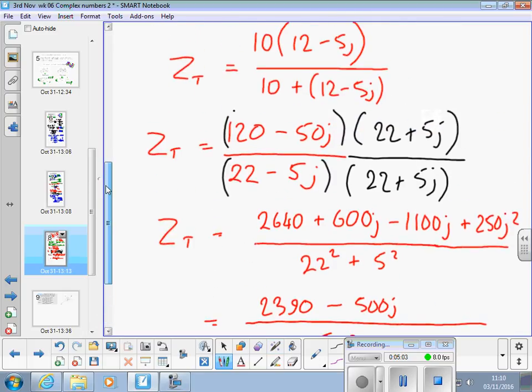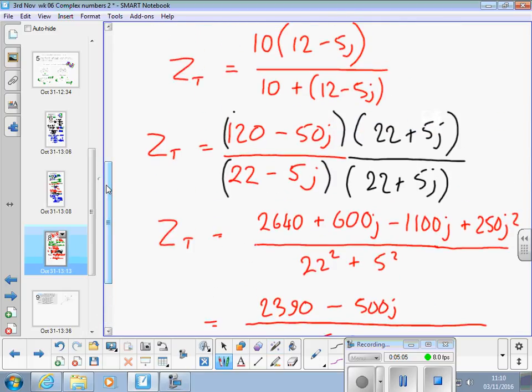Hang on, let's just check this. Multiplying this out, 120 times 22, is that 2640? Yep. 120 times plus 5, 600, plus 600J. 120 times 5 is 600, isn't it? Yeah.